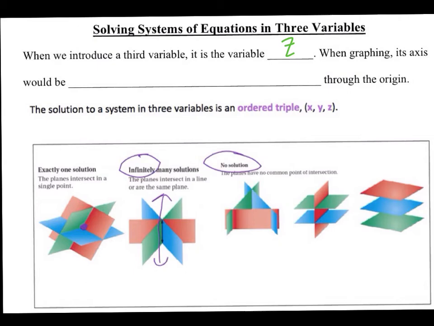So a system of equations with three variables is going to introduce a third variable, which most commonly is just z, so x, y, and z. When graphing, you are used to looking at a piece of paper, and you graph the x and y.